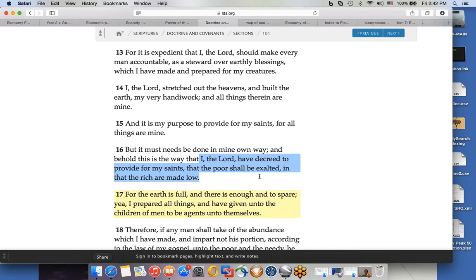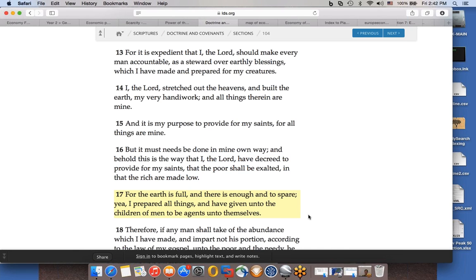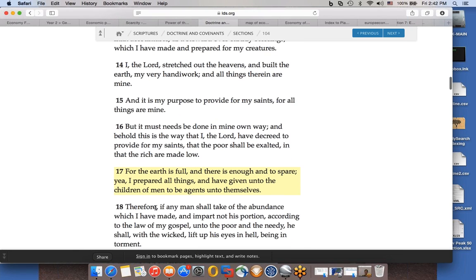Okay. Verse 18, it says, Therefore, if any man shall take of the abundance which I have made, and impart not his portion according to the law of my gospel unto the poor and the needy, he shall with the wicked lift up his eyes in hell, being in torment.